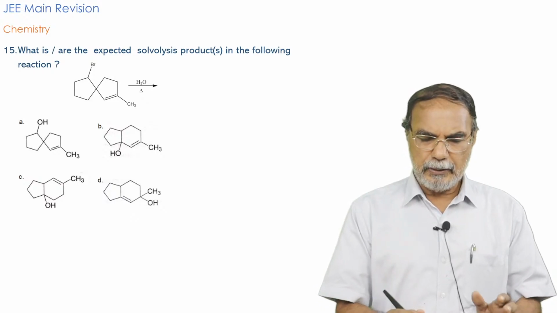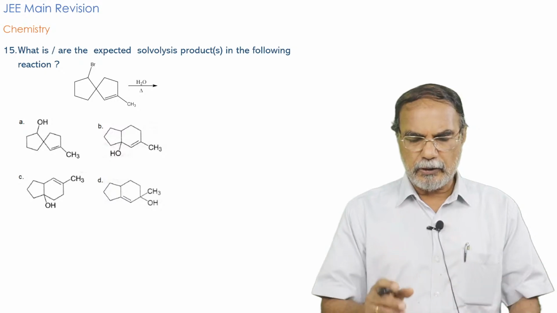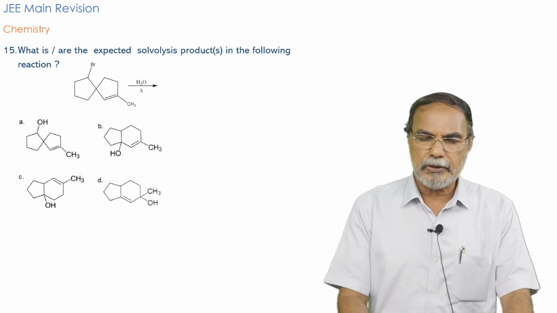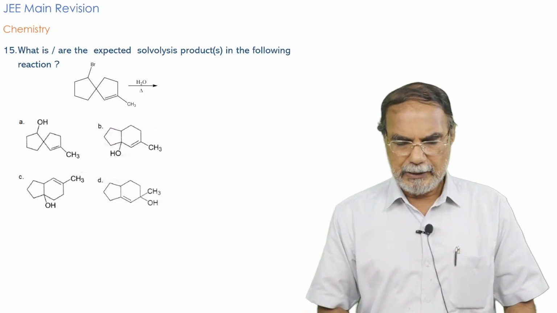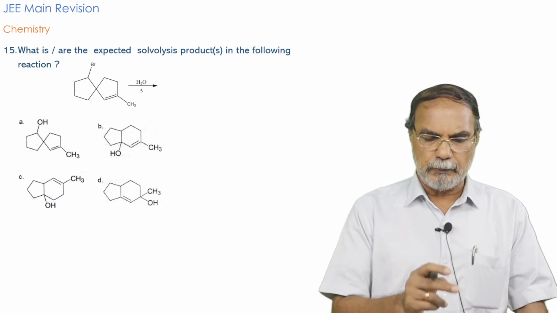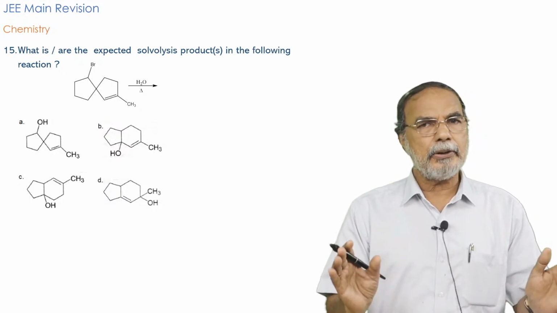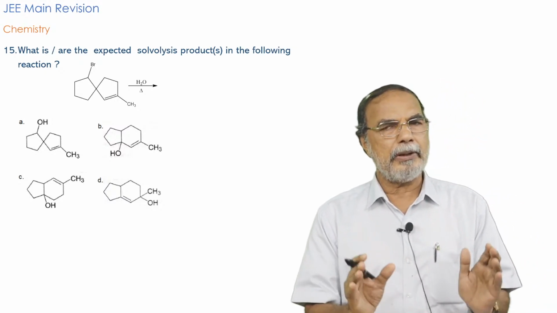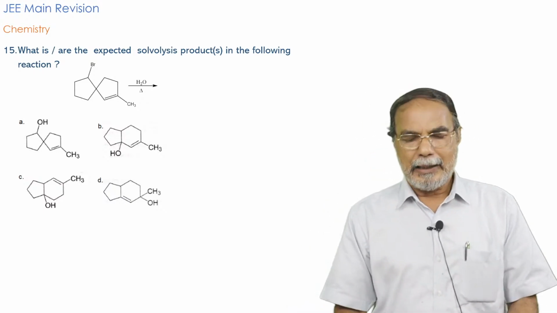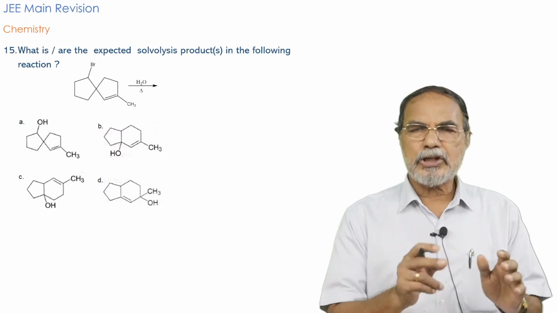A reaction where the solvent itself takes part in the reaction. A fission of the compound by solvent is what is generally called solvolysis. So it's an alkyl halide sort of compound, and the nucleophile here is water, which is a very weak nucleophile, and the solvent itself is a nucleophile, but there is cleavage by solvent.